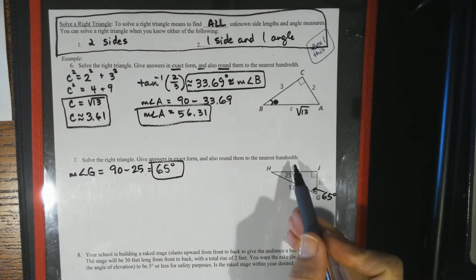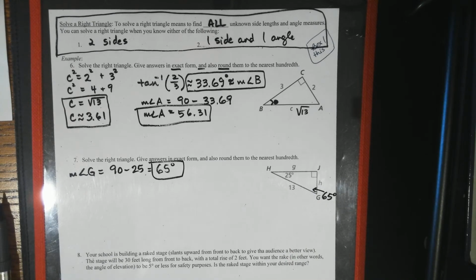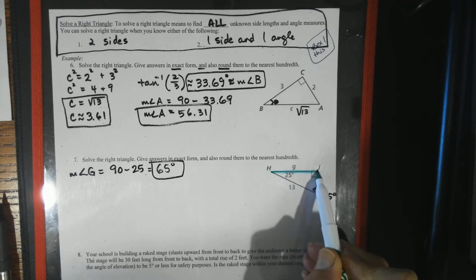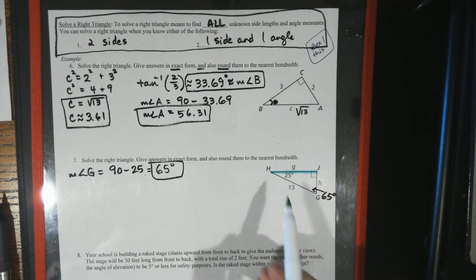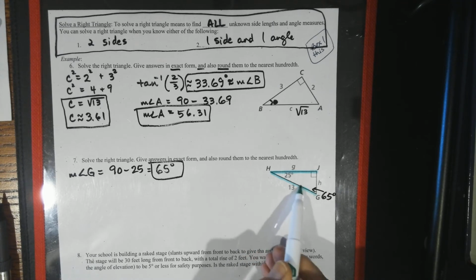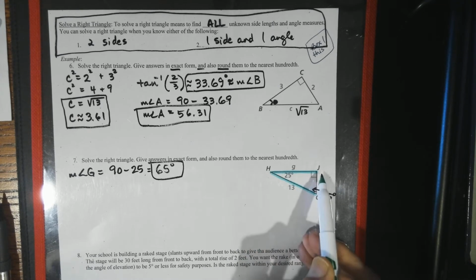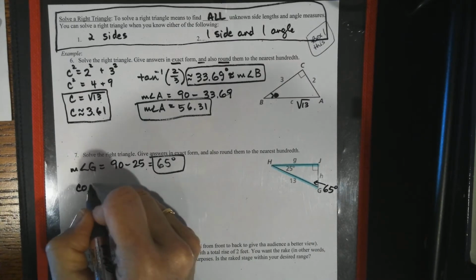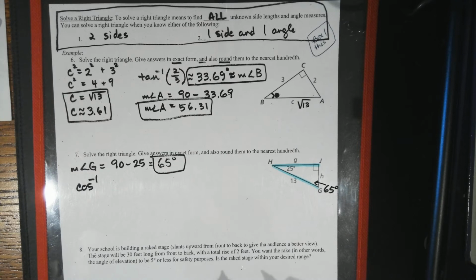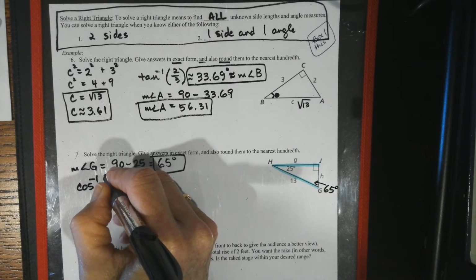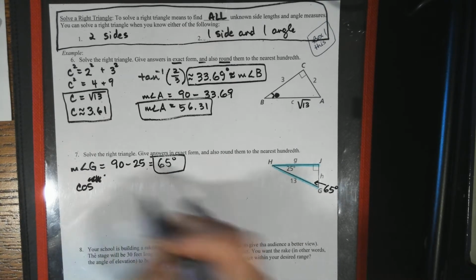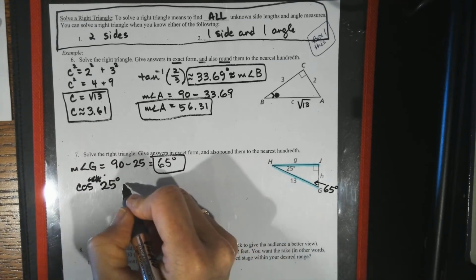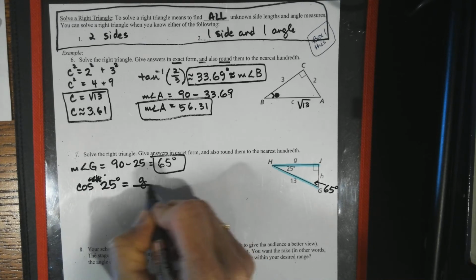Now, in order to find little g, I'm just going to use the numbers they gave me. I'll use this side and the hypotenuse. So if I'm using 25, that's the adjacent side. Adjacent over hypotenuse is cosine. So I want the cosine of 25 because I have the angle, and that's equal to g over 13.